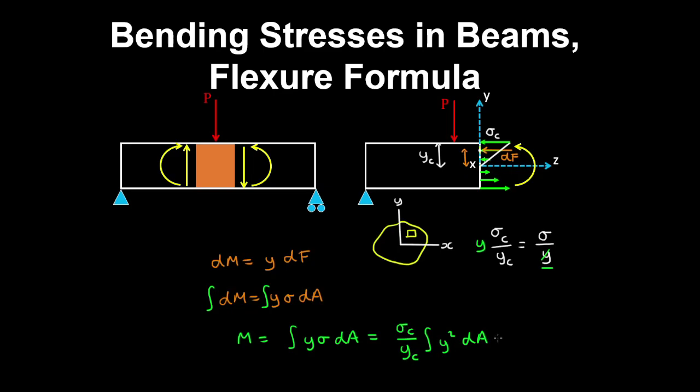And this ratio is simply equal to stress on y acting anywhere along that section, and this integral is the second moment of area. So therefore we can write the bending stress as M multiplied by y on the second moment of area.